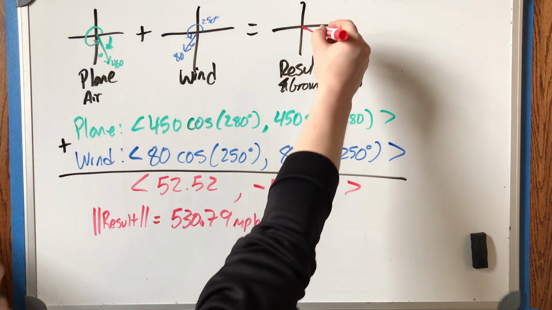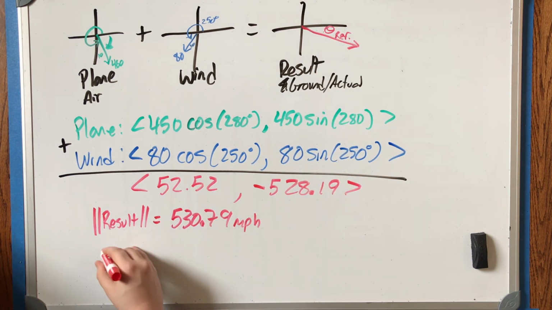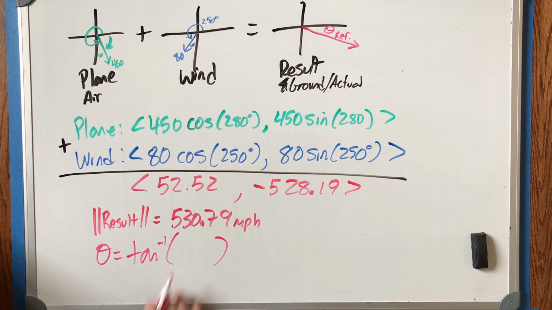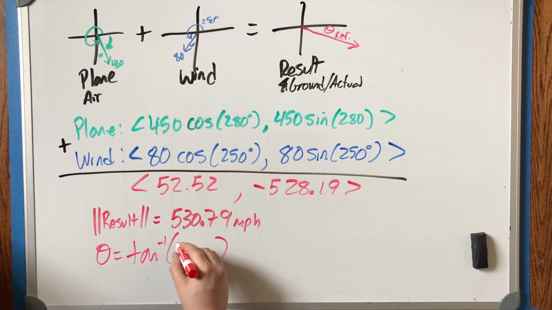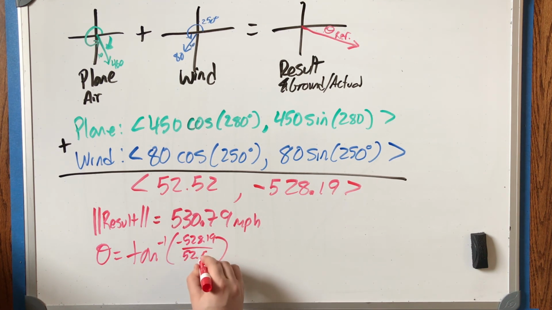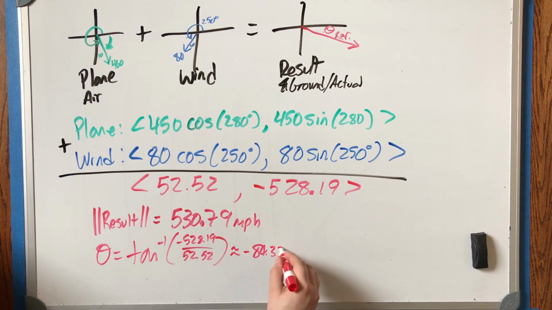Next, I want to find this theta reference angle right here. So I'm just going to use tan inverse on this. So I'm going to say theta equals tan inverse of the y over x, so negative 528.19. And again, I'm storing these values. So these are the exact values, not these decimals that I'm writing down right now. And I got that this is approximately negative 84.32.